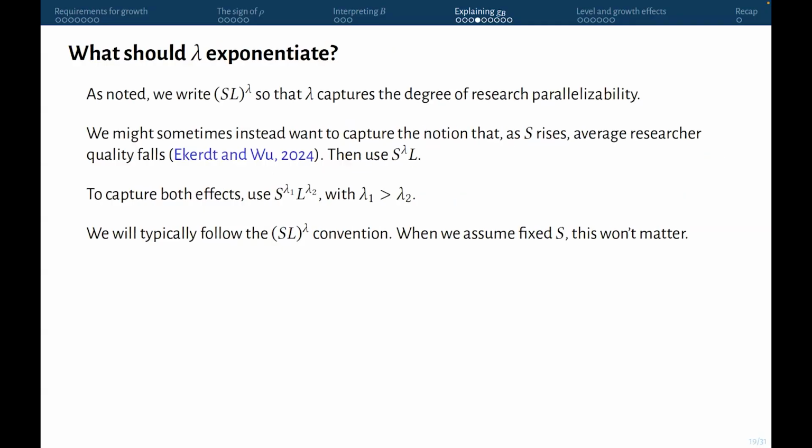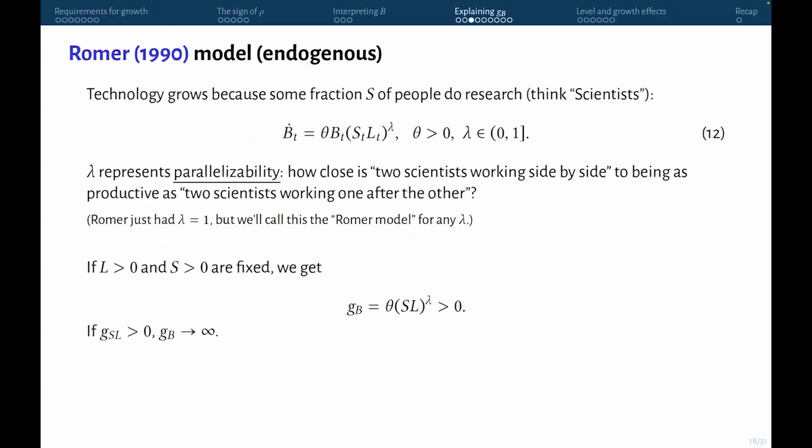Okay, so I was saying a kind of crazy implication of the Romer model is that the growth rate of technology, and thus of output per person, should itself go to infinity if the research population grows without bound.